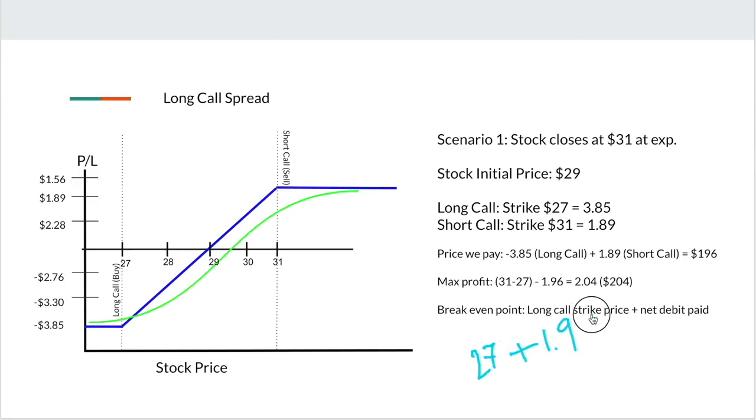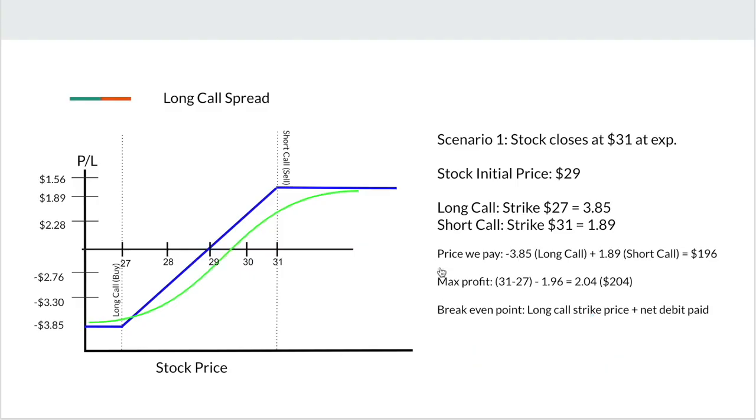So that puts you at a break-even price of $28.96. So as you can see, with a vertical spread, you're going to be needing a lower break-even price before you start making money, which everybody loves. Why would you want the stock to go up even higher before you start making money?